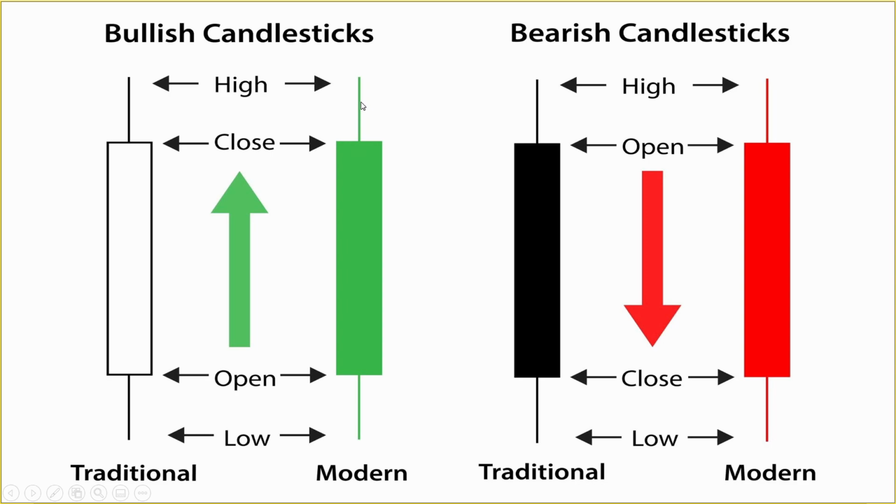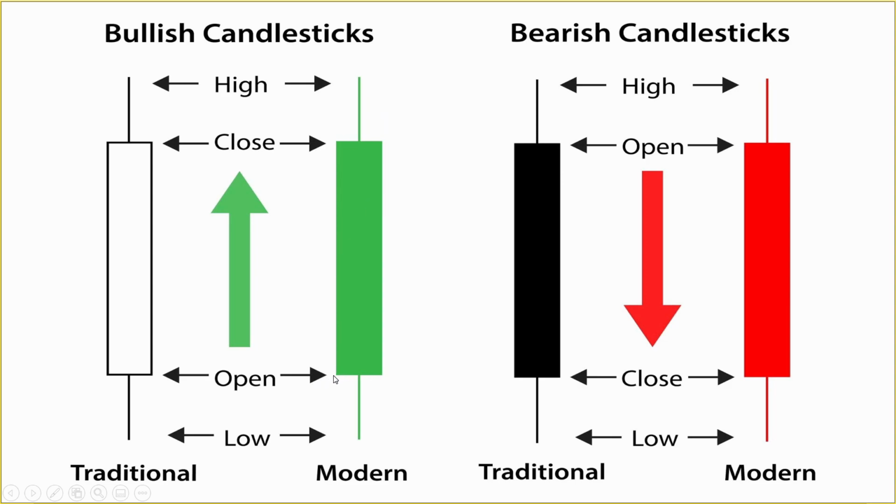But then you also have the wicks, and wicks are places where the price has been. So what was actually possible is that price opened here, went down first up until the low, and then went up until the high and retraced a little bit to close here.